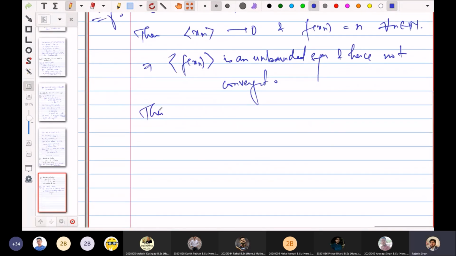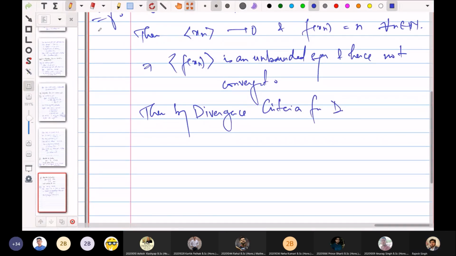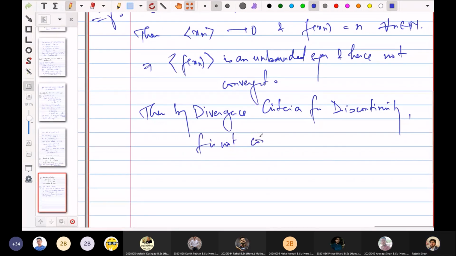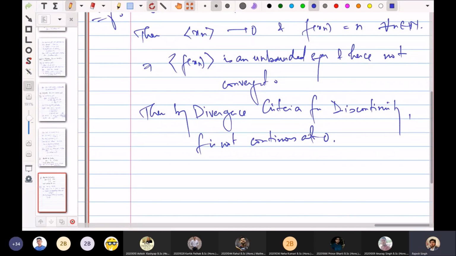Thus, by divergence criteria for discontinuity, ठीक है, f is not continuous at c. ठीक है.